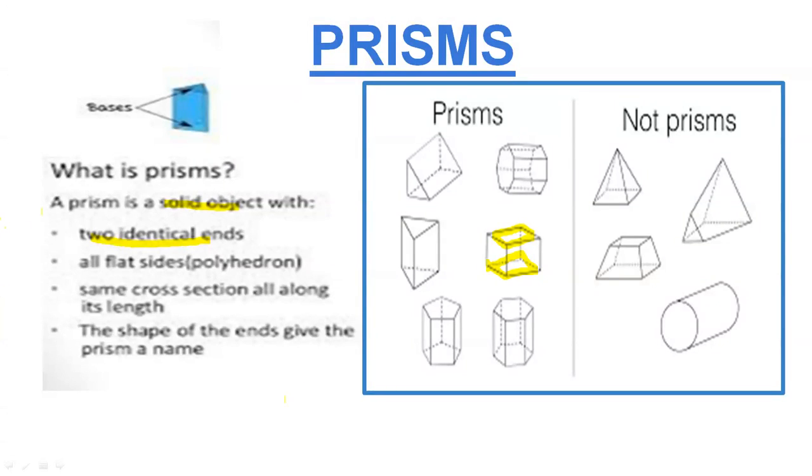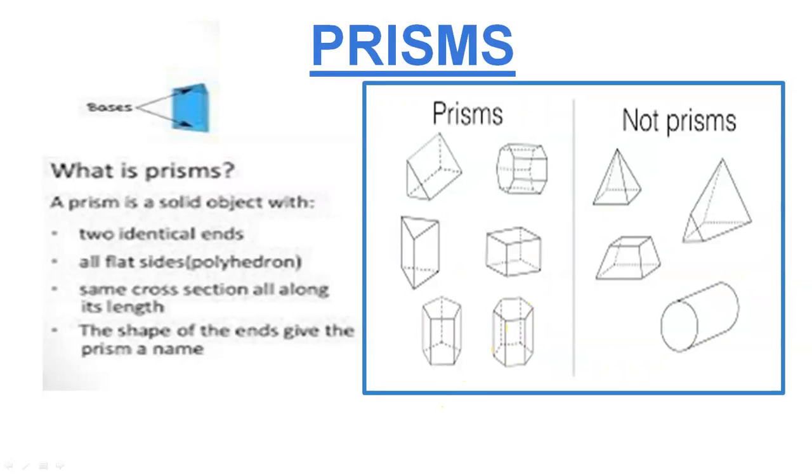The sides should be flat, as they are all making rectangles. Two identical ends just like this. It has the same hexagon, six sides, that is called a hexagon.